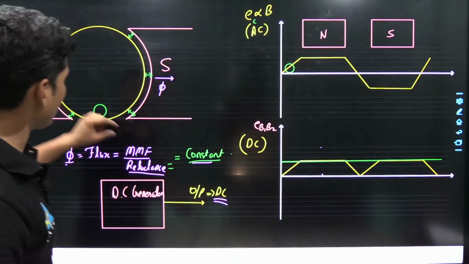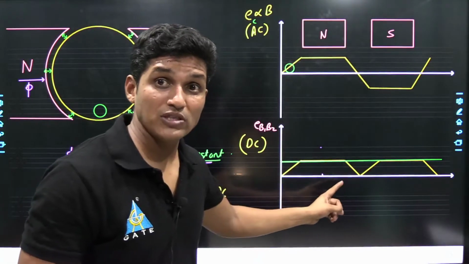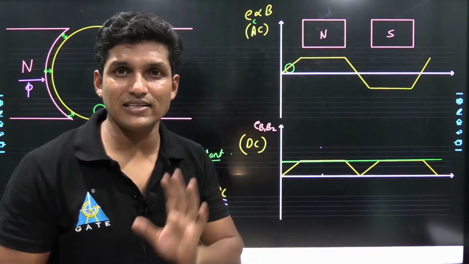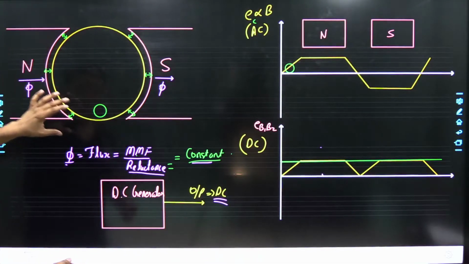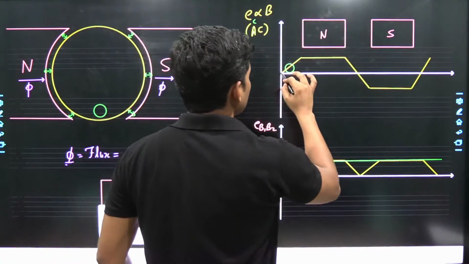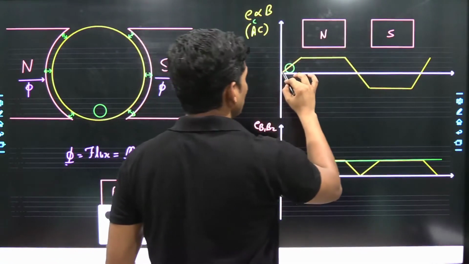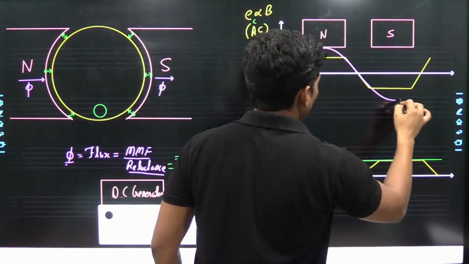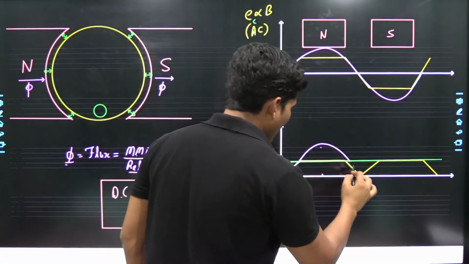If a uniform air gap is provided, the waveform is closer to DC. There are fewer ripples. If there is a non-uniform air gap, we will get this sinusoidal waveform. With the help of the commutator and carbon brush, it is made unidirectional.